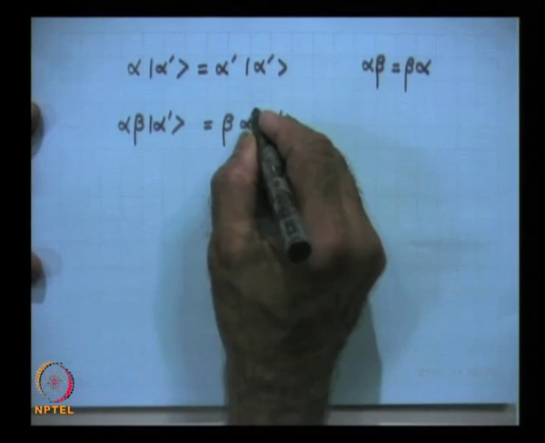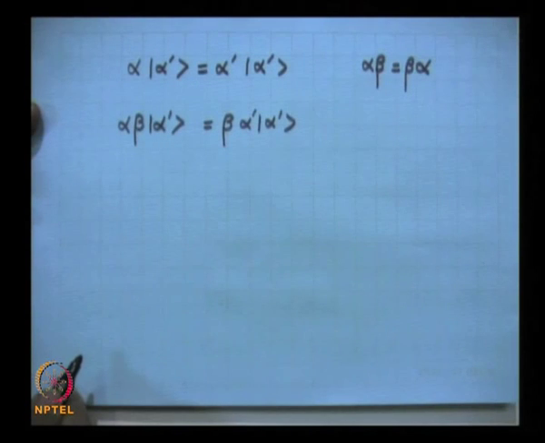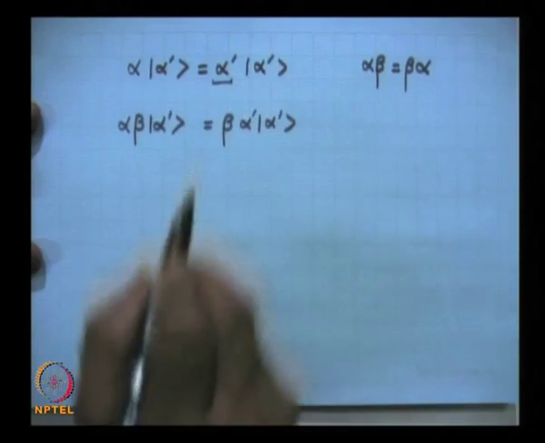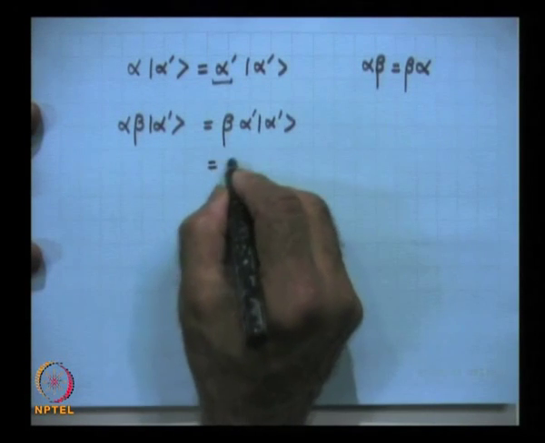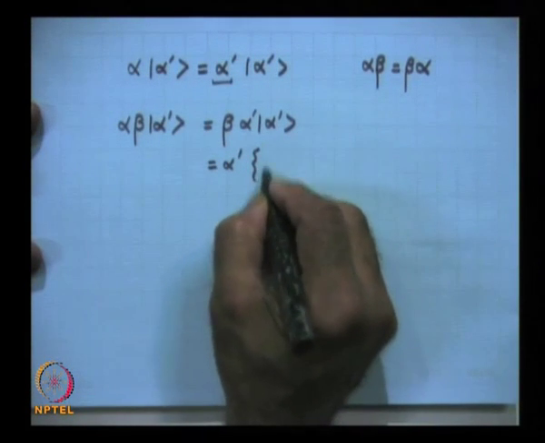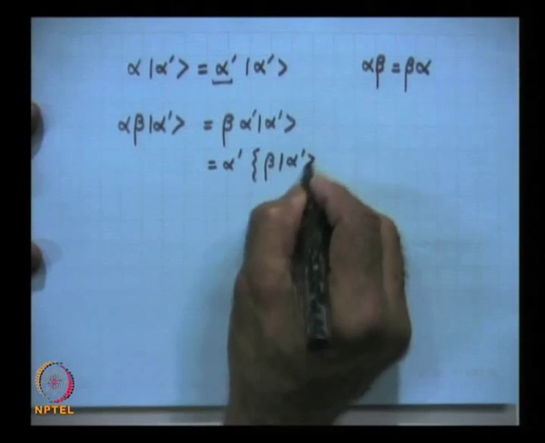So, this is just a number multiplied by a ket. Alpha prime is the eigenvalue and therefore, it is a number, and so this becomes alpha prime beta ket alpha prime.